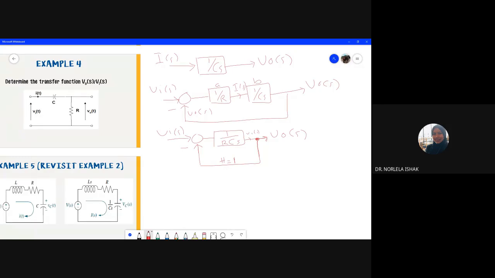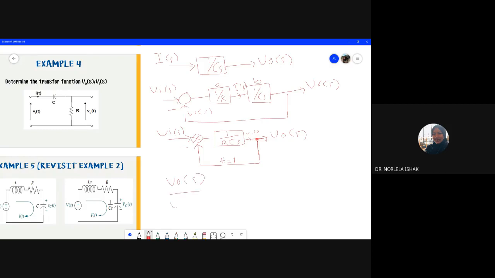Once we apply the feedback form, the summing point will disappear when we simplify this loop. The summing point is considered missing from this block diagram.